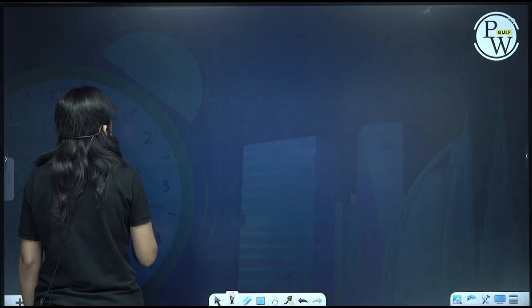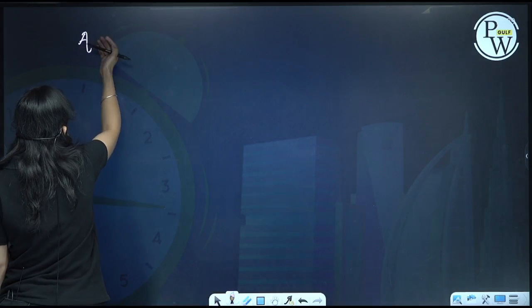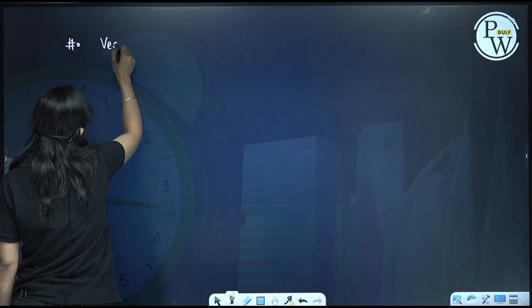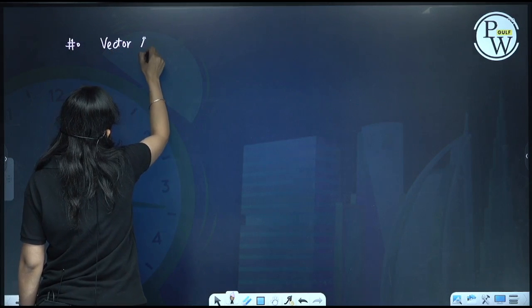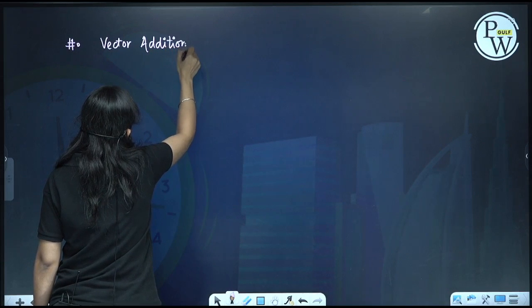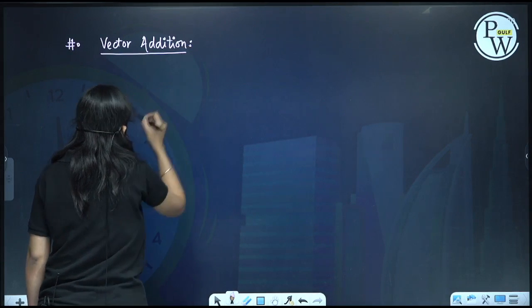Then how to add vectors, vector addition. How to add vectors in the Cartesian coordinate system.